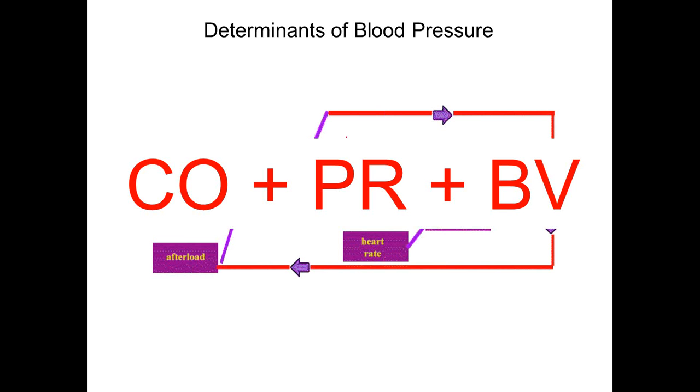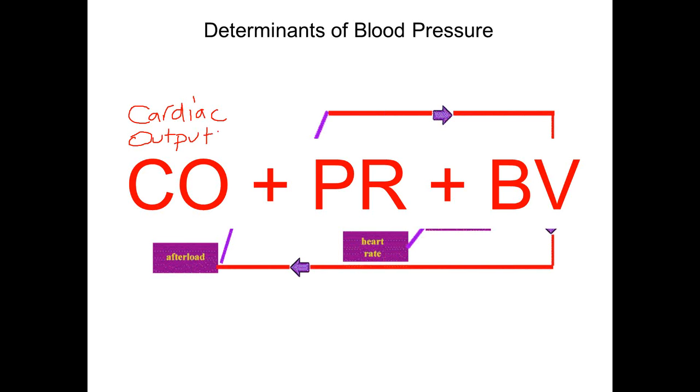There are 3 important determinants of blood pressure. Cardiac output. We've already seen that. You know what cardiac output is. That is how much blood is pumped out of your heart over a time period, such as a minute.